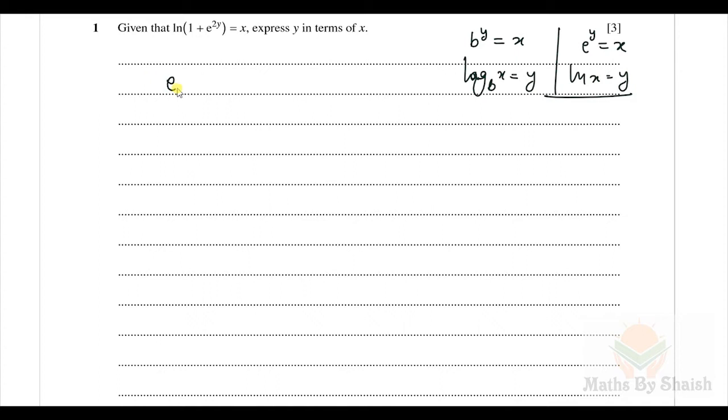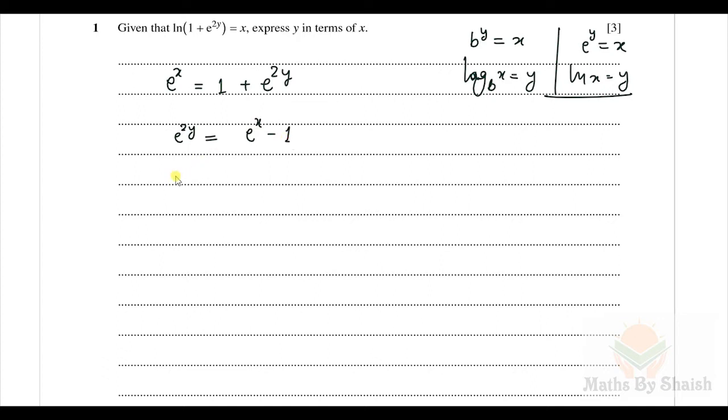We are going to use it and we'll get e raised to the power x, since whatever comes with the x will go that side, is equal to 1 plus e^(2y). So we need to express y in terms of x. First of all, we will take e^(2y) one side and we'll get it as e^x minus 1.